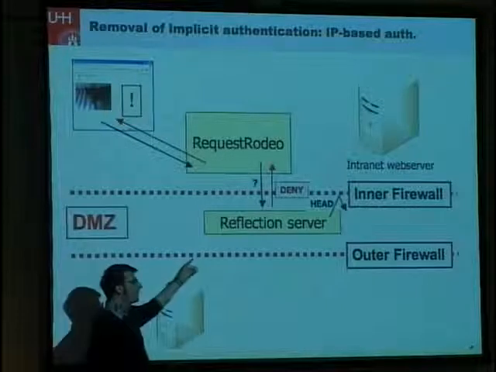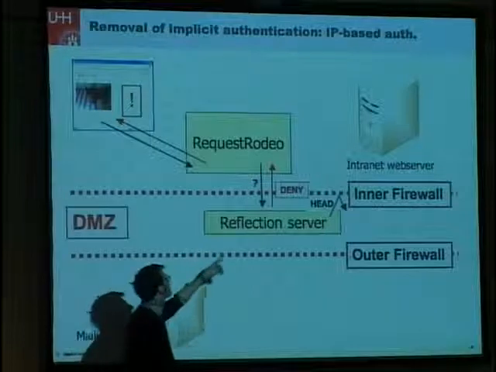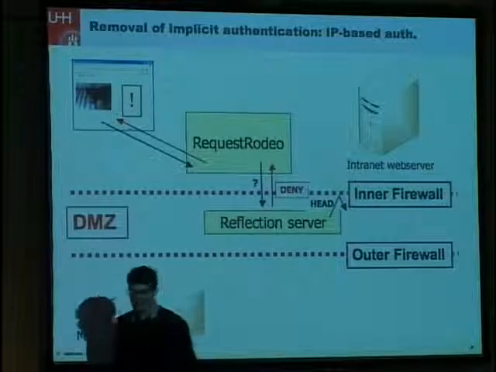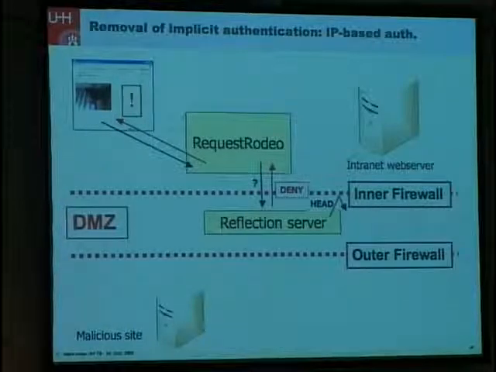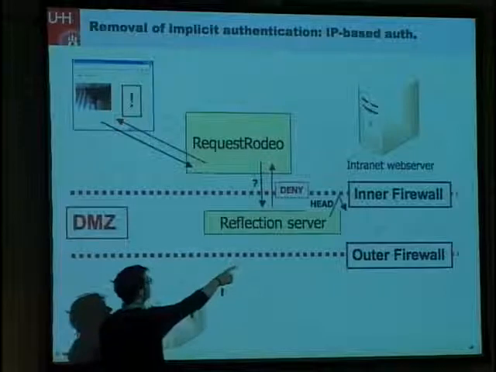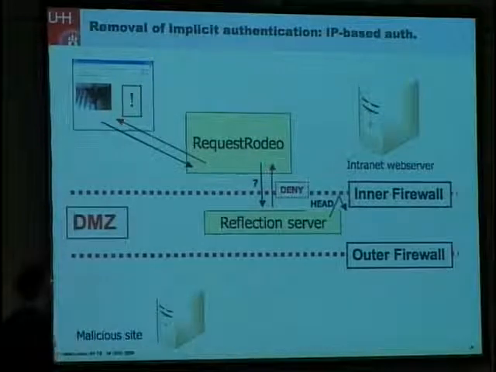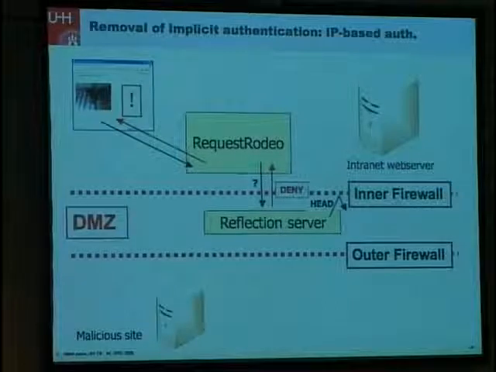We also have an outer firewall so that not everybody is able to get to our reflection server, and also maybe to sniff this traffic. You don't want to route all your traffic through the internet. In this case, the reflection server tries to get to the intranet web server. The inner firewall says, no, no, no, what are you doing? And so the reflection server denies this request, and we see a warning maybe, or maybe we don't see anything. Depends on the case.